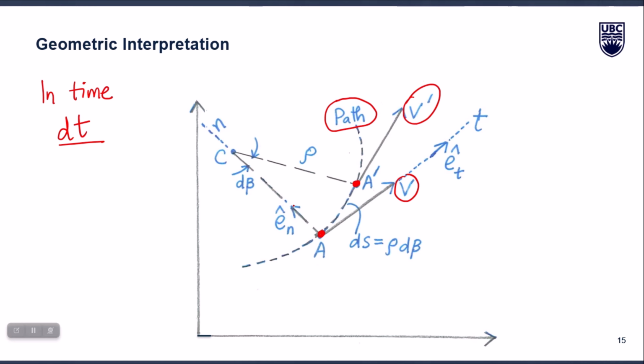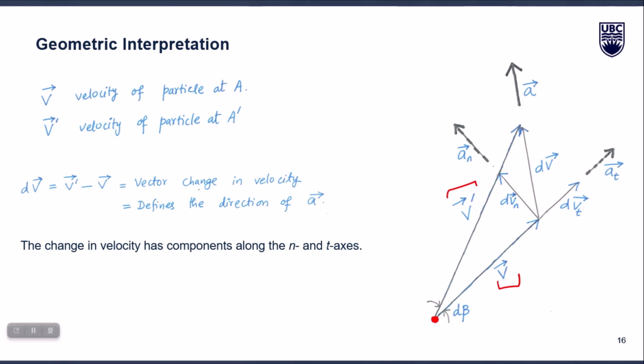Because with this normal axis you have a perpendicular this one, and with this normal axis you have a perpendicular this one, right? So whatever angle those normals are making, their perpendiculars should also make the same angle, so this angle is also equal to d beta, right?